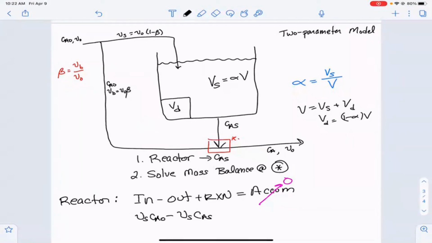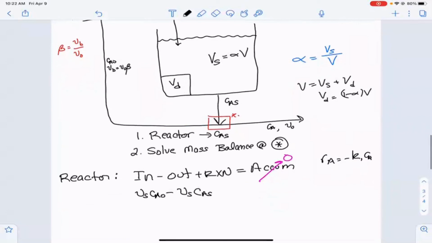Let's say that we were looking at this as just RA equals minus K1 times CA. Our reaction term is plus RA times V. So this becomes minus K1 times CA, but it's CA inside of the reactor, times VS, the effective volume of the reactor. That's equal to 0.